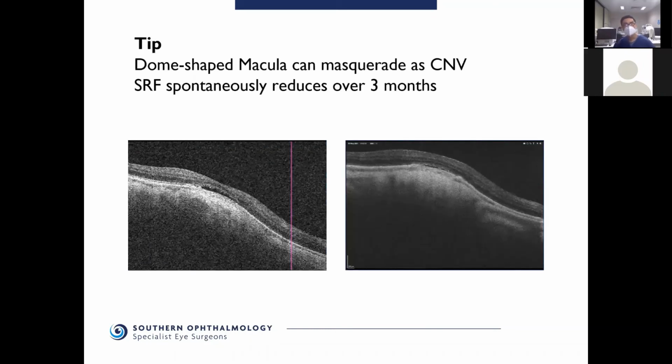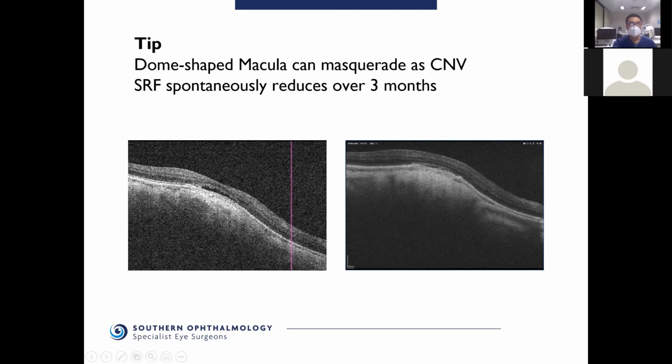Now, there's this curious condition called dome-shaped macula. As a compensatory mechanism, in a high myope, where normally there's staphyloma and posterior bulging of the sclera, some of these patients actually develop a dome-shaped macula bulging inwards, like so.